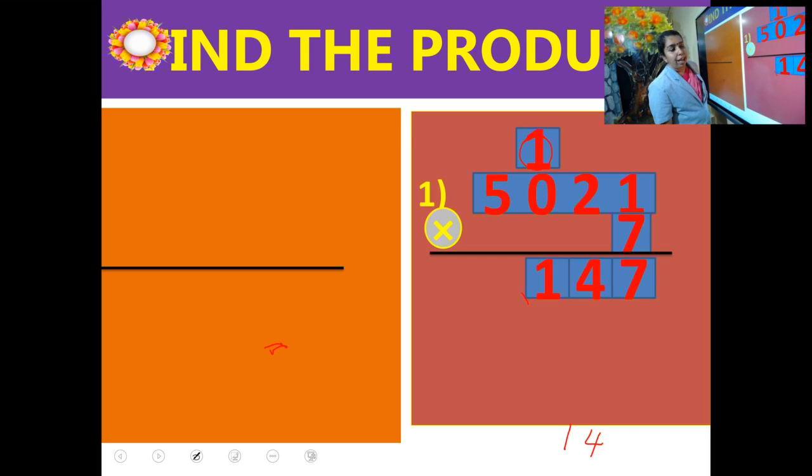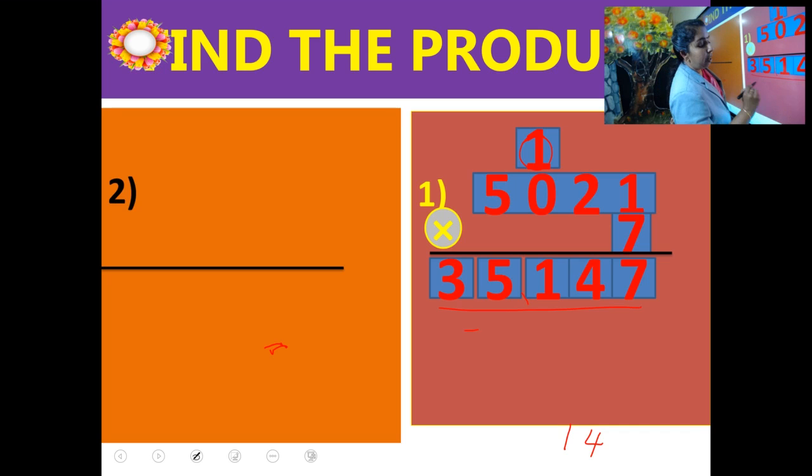Multiply 7 and 5. 7 fives are 35. So you have to write 5 in the thousands place and 3 in the 10,000s place. This is your answer. So what is the answer? 35,147. Clear?